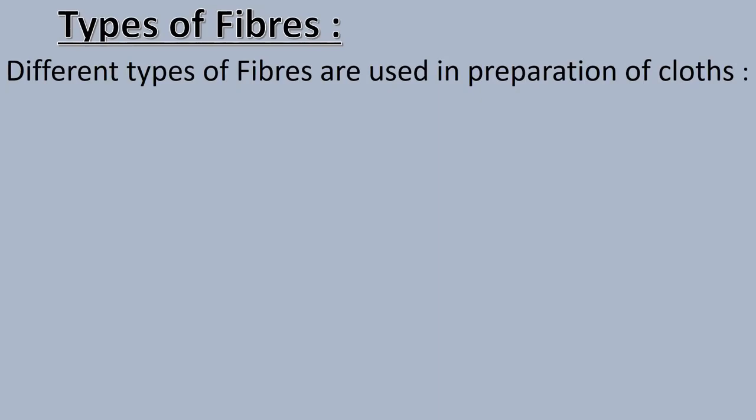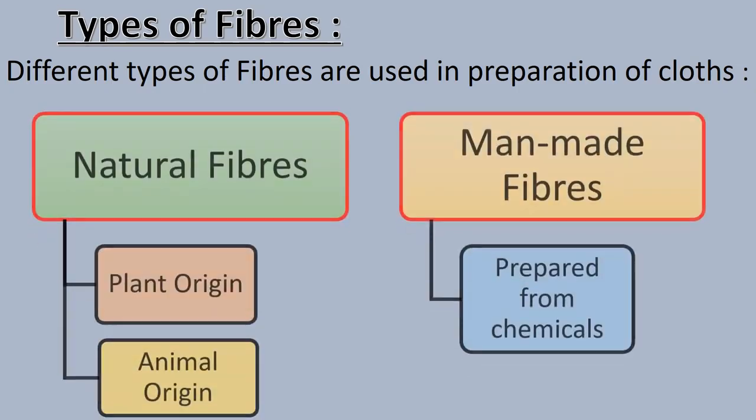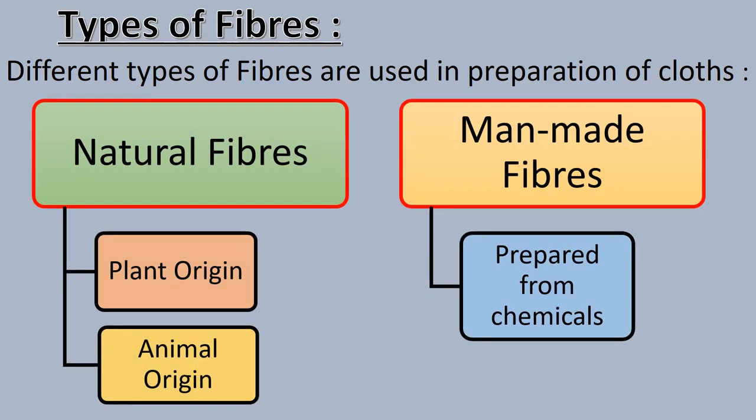Let us now look at what are the different types of fibers. Different types of fibers are used in preparation of different clothes. They are natural fibers and man-made fibers.